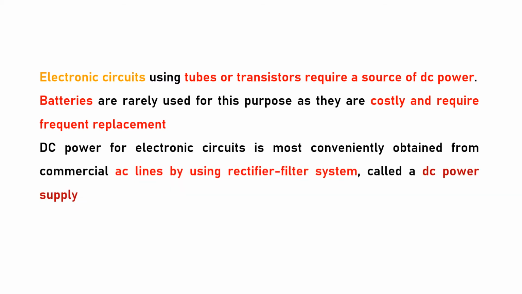So what we do is obtain the DC power from the rectifier filter system. DC power for electronic circuits is most conveniently obtained from commercial AC lines. So we get an AC power supply easily, that is a 230 volt 50 hertz AC supply, and we convert it using a rectifier and a filter system into a DC power supply.